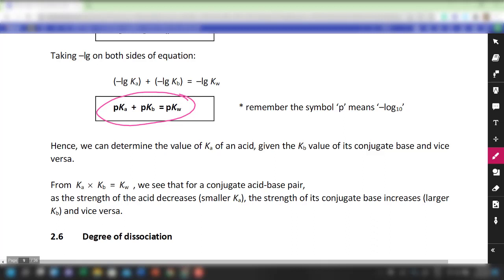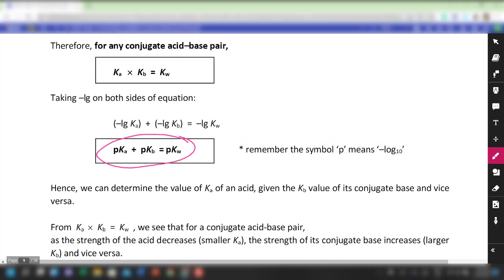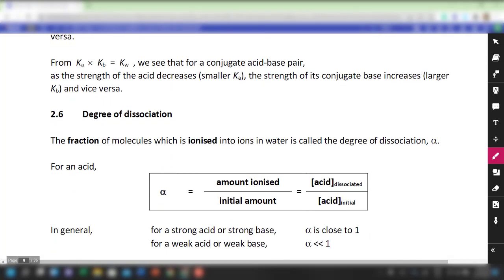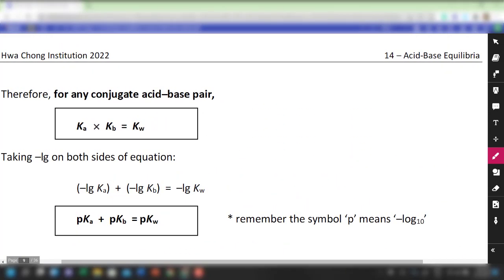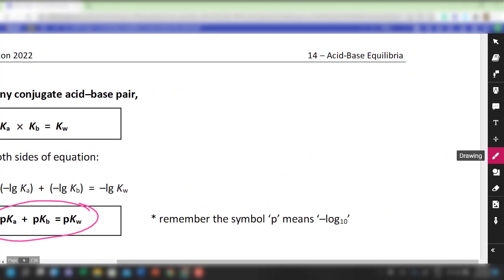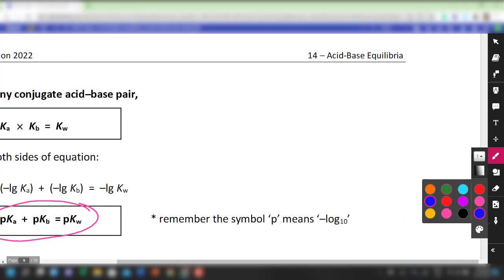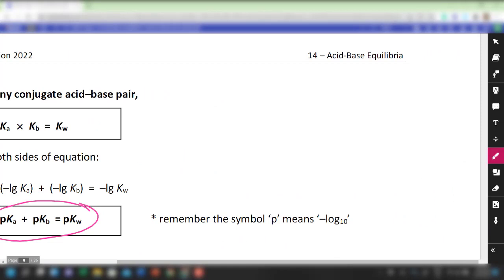Vice versa, if I give you the Kb of ethanoate, you can easily calculate and tell me the Ka of ethanoic acid. I know there's no example here, so maybe I will just illustrate with one simple example, which I often use to discuss with students. For example, ethanoic acid.